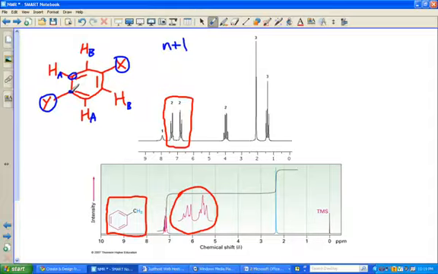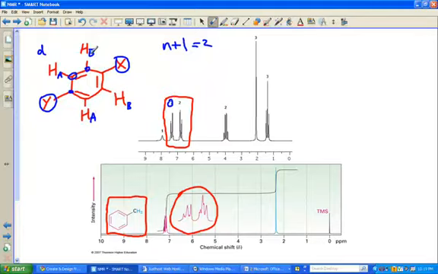On this adjacent carbon, there's actually no hydrogens. On this adjacent carbon, there's 1 hydrogen, so n is 1, so n+1 is 2. So HA would appear as a doublet. And because HA is the same here as here, you see that twice, with that number 2 there, so you get an integration of 2.